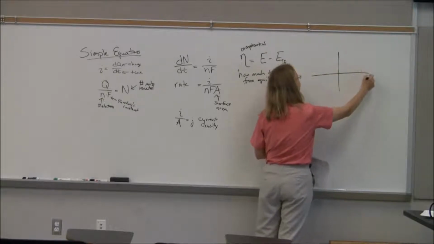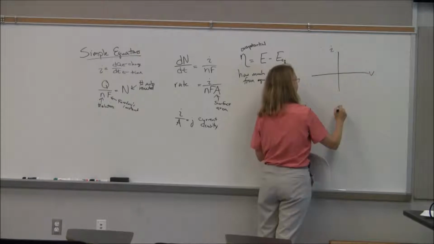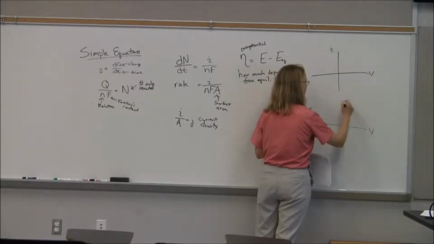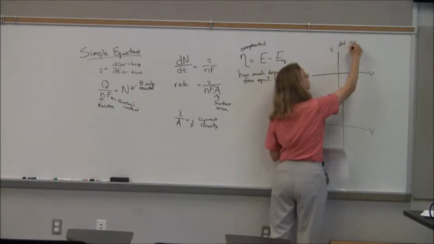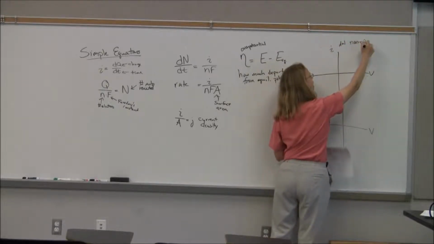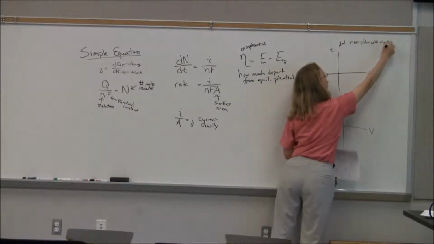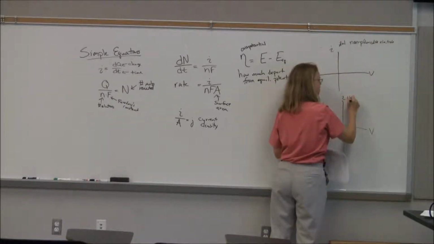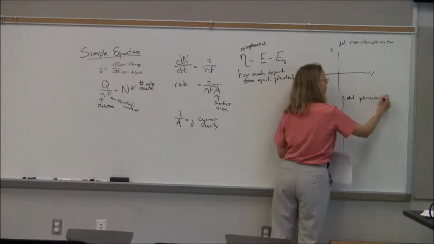They always give 2 examples of electrodes in an I versus E plot: the ideal non-polarizable electrode and the ideal polarizable electrode.